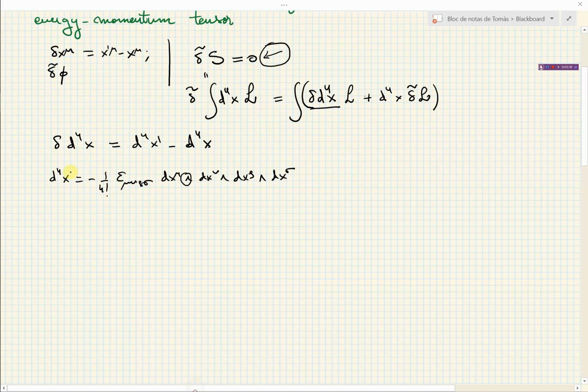So if this is d^4x prime, we just have to add primes to these x's and apply the transformation rule of these differentials.